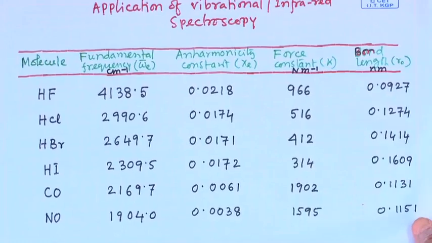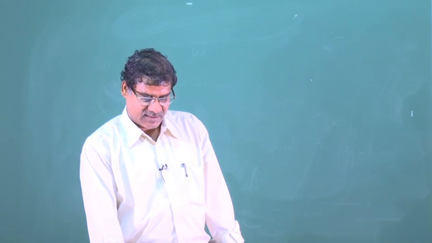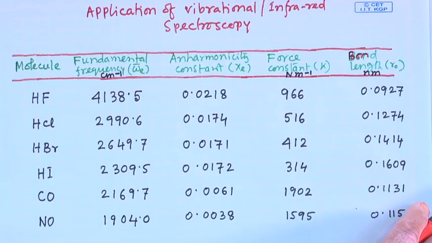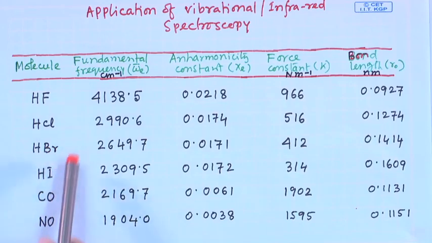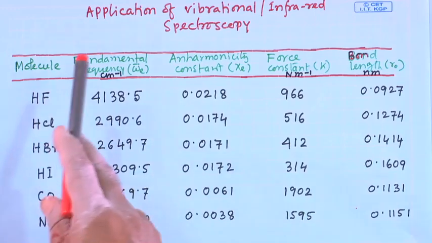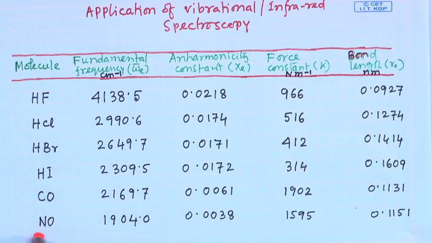I will show you some other data that was measured experimentally. You can see here I have given a table, showing experimental values for different molecules: HF, HCl, hydrogen bromide, hydrogen iodide, carbon monoxide, and nitrogen monoxide.